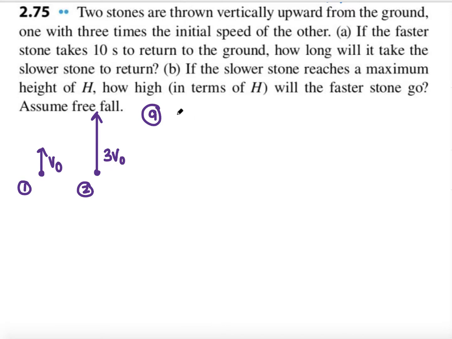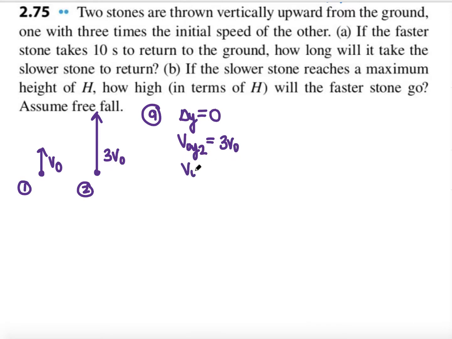So we know delta y in this case, so it's going up and it's coming back down, is 0. We know the initial y for, let's say, stone 1 is v naught. But let's actually work with the second stone first, since it tells us that it takes 10 seconds for the faster stone. So v initial 2 is 3 times v naught.